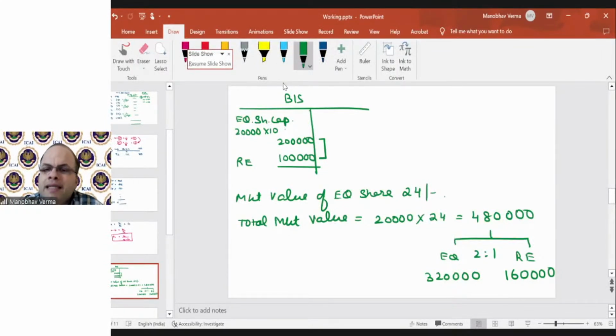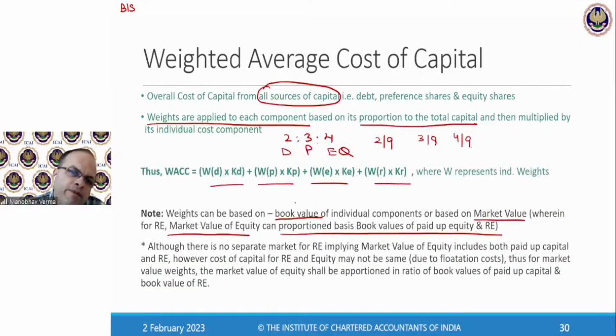Can you please confirm, guys, what we are looking at in this case? I'm trying to explain that where the market value is given and you have different components within equity, you can proportion the total market value based on the book values.